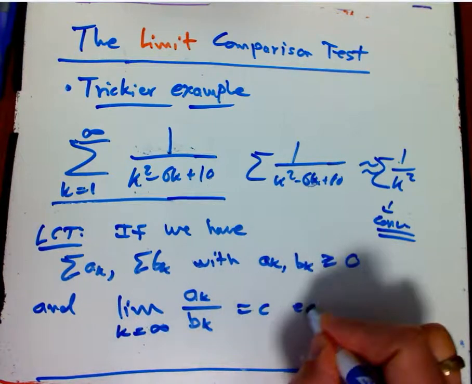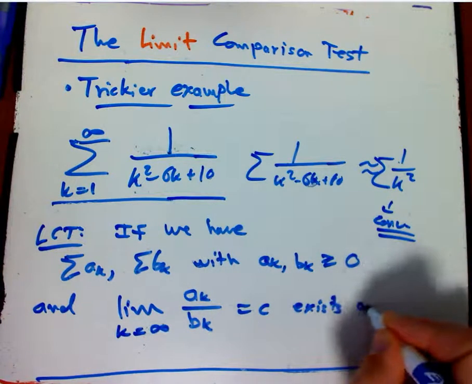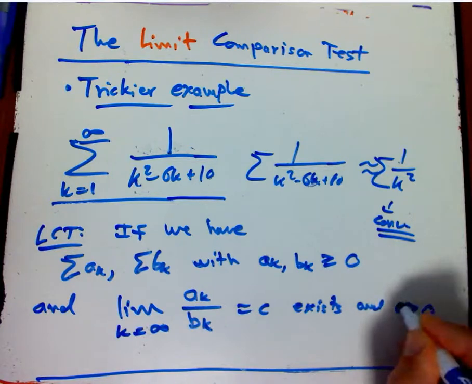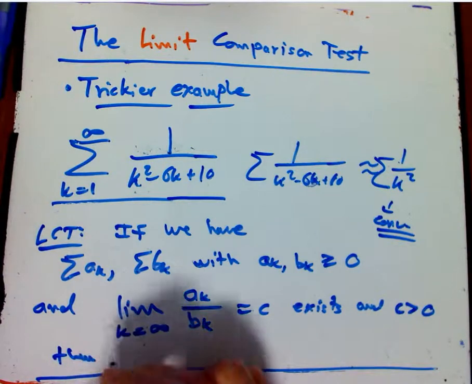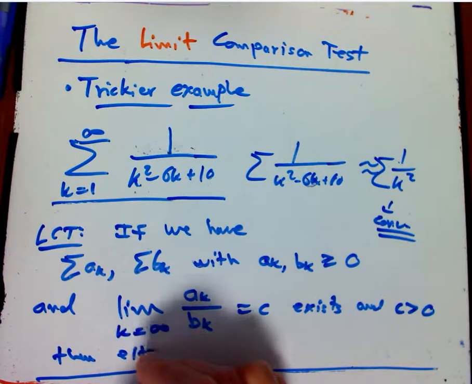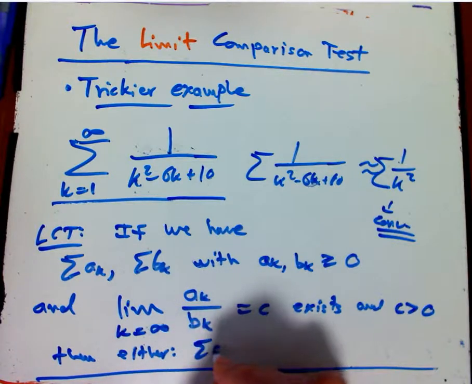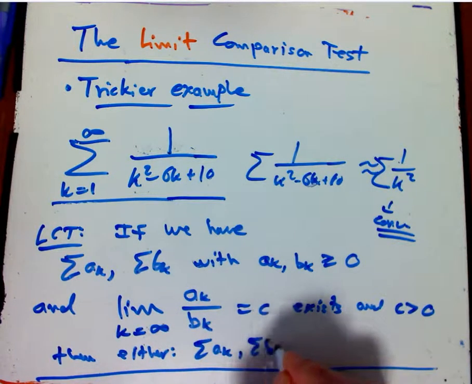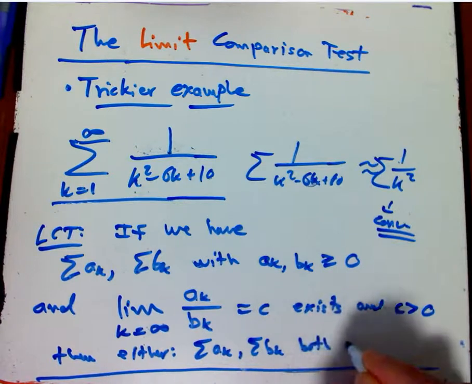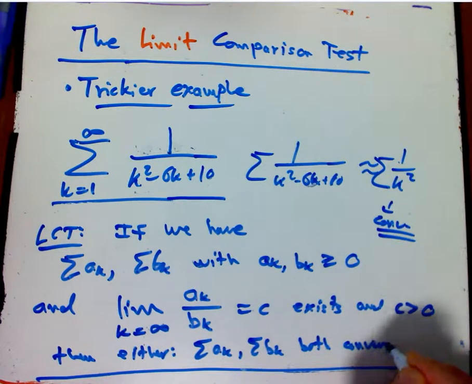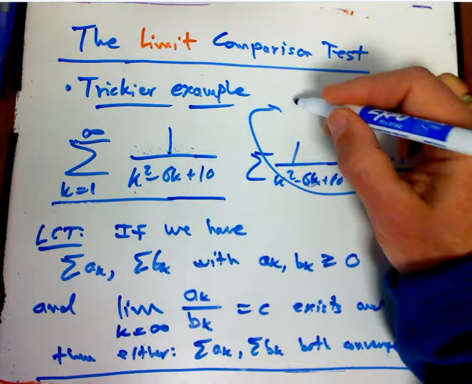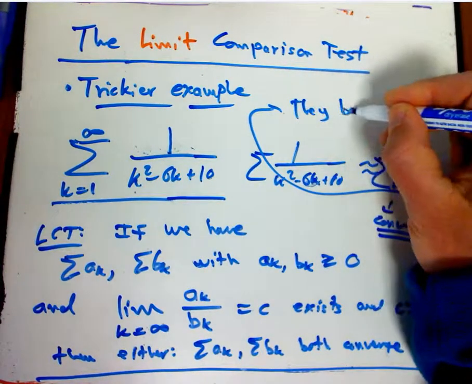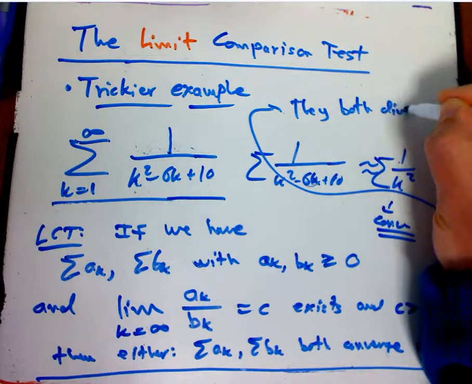If this exists and is greater than 0, so it exists as a positive number, then either sum a sub k and sum b sub k both converge, so they do the same thing, or, and I've run out of room, or they both diverge. They just have the same behaviors, basically.